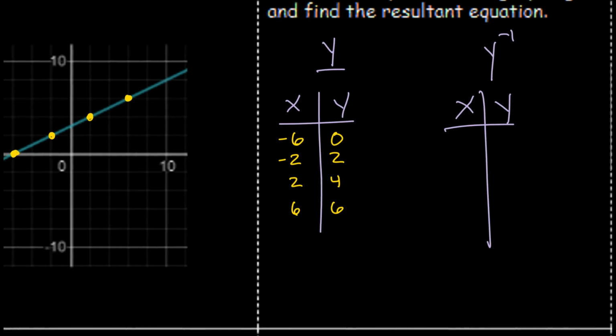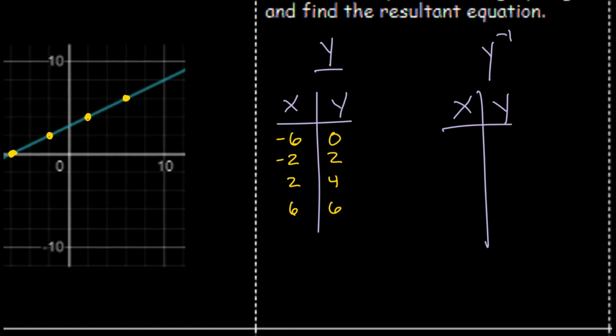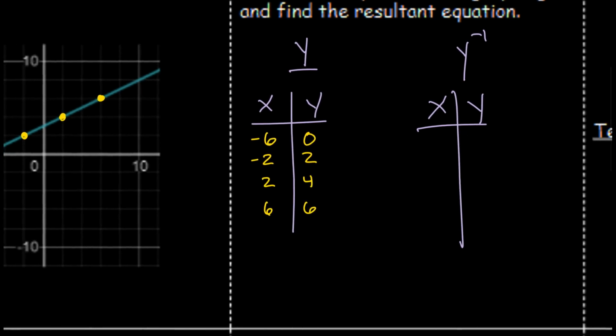So now that I have found these points, what do I do to get the inverses of these points? Yeah, you just switch the x and y. So what is the inverse of the point -6, 0, Arya? 0, -6.